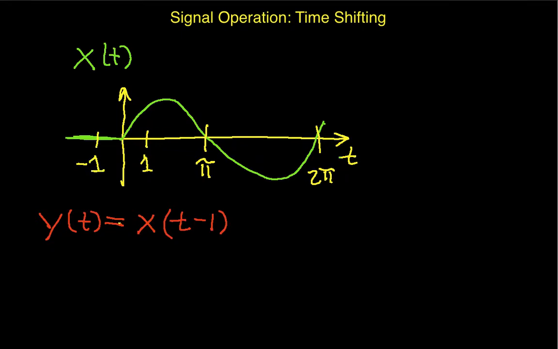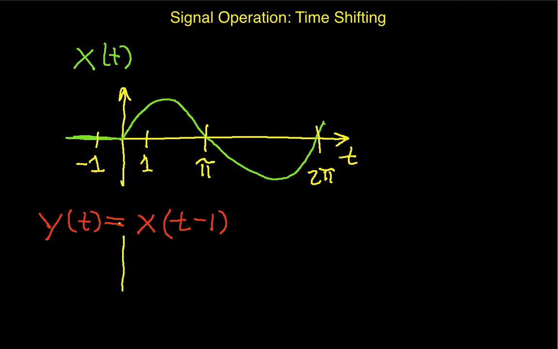My claim, which we'll verify in just a minute, is that by setting y equal to x of t minus 1, we're actually going to shift x to the right by 1 unit. So let's see if that actually is true.